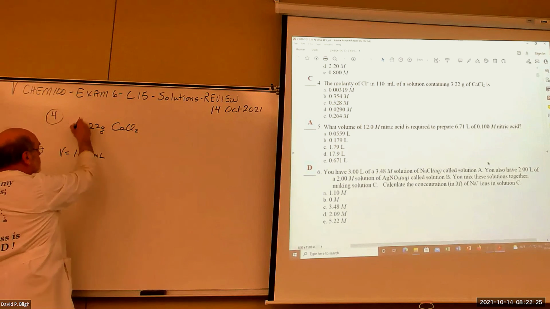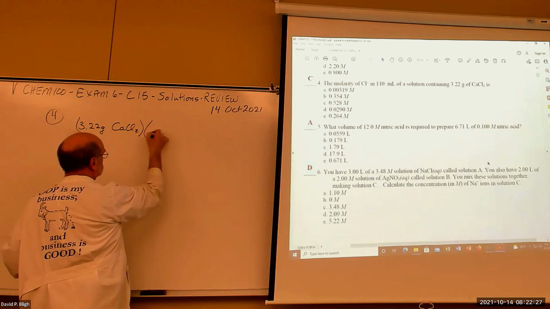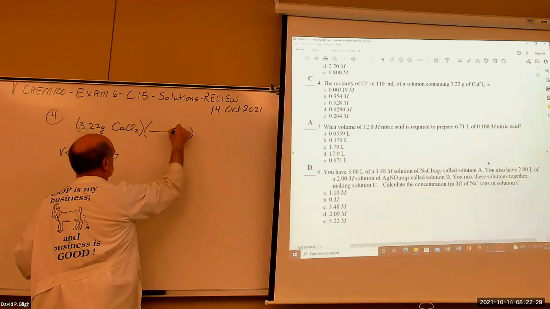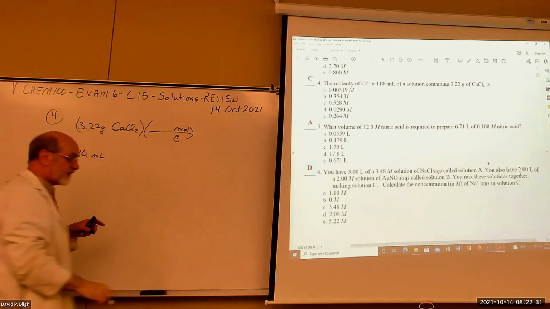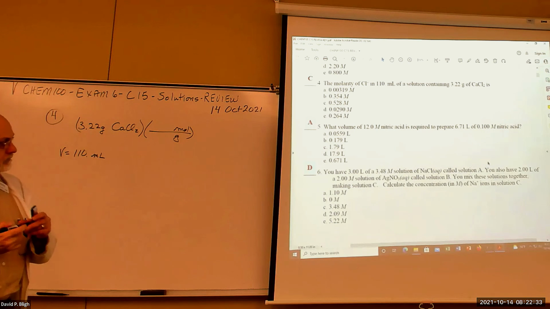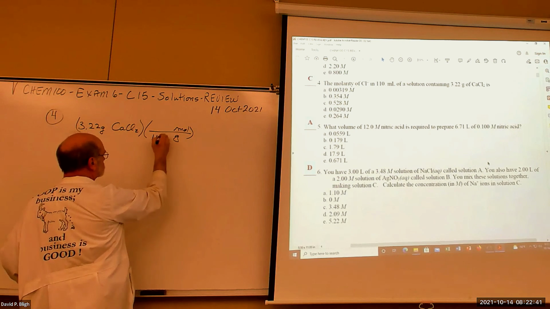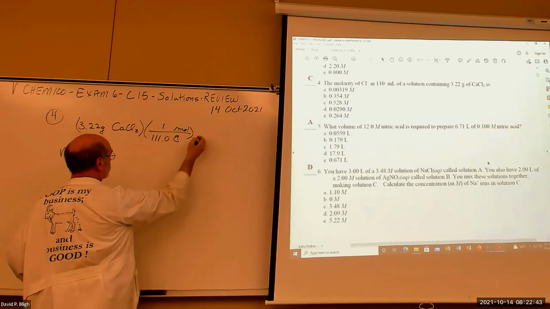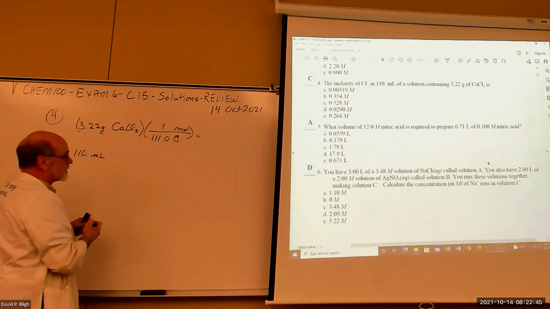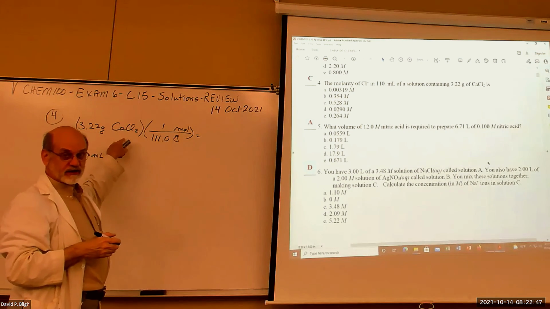We've got to convert this to moles. In fact, the molar mass was given in a previous problem, and it was 111 grams per mole. So that'll give us the moles of that formula unit.